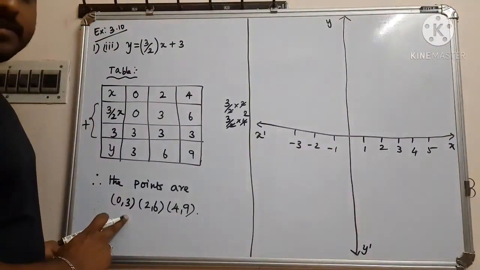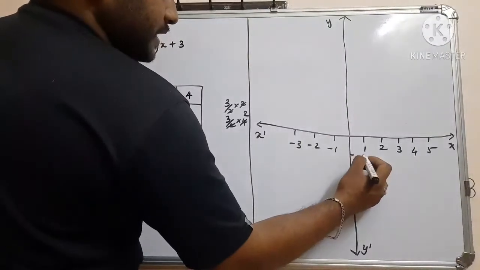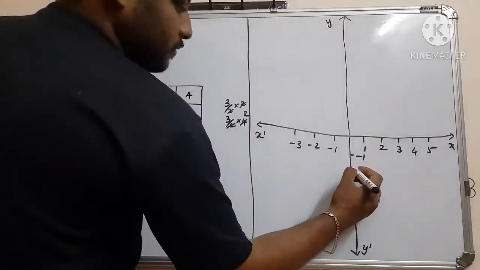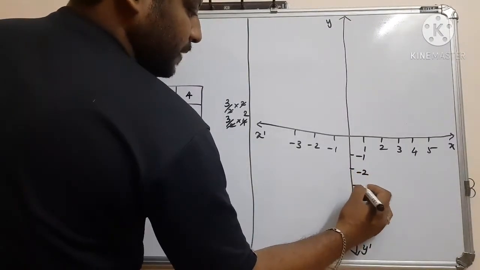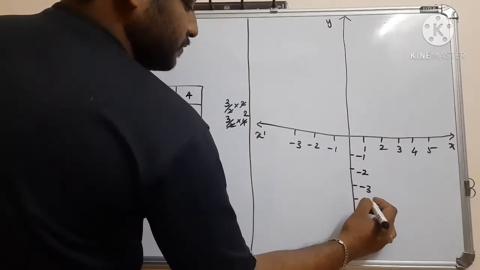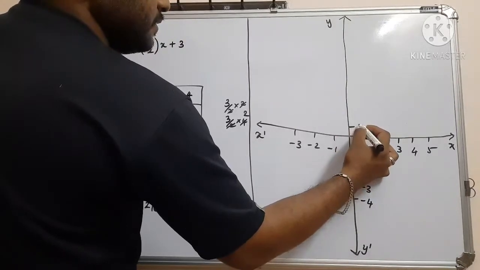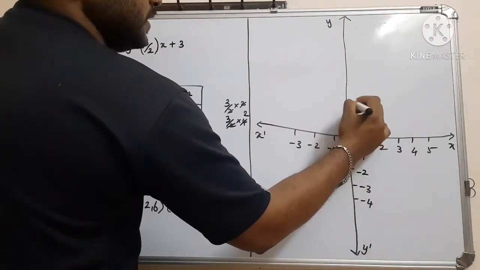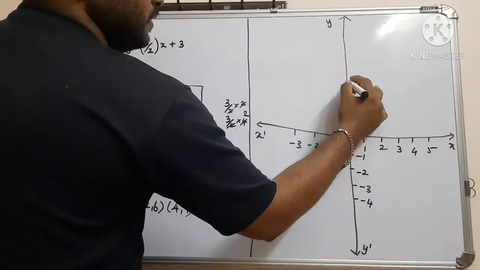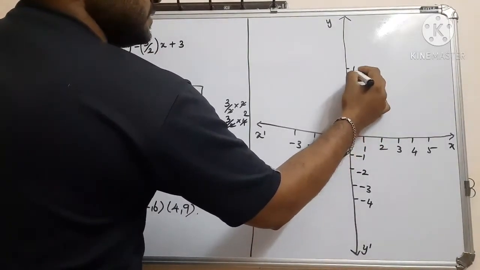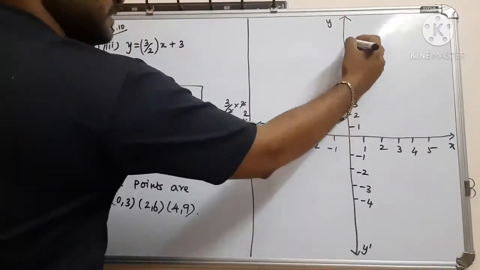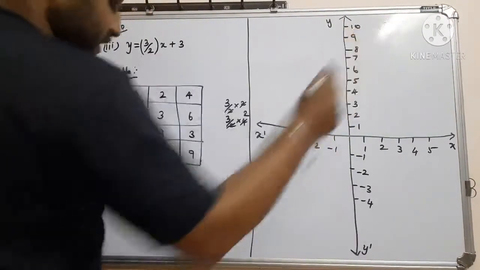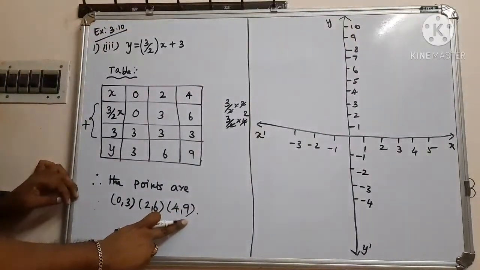Y value is minus 1, minus 2, minus 3, minus 4. Plus value 1, 2, 3, 4, 5, 6, 7, 8, 9, 10, because the highest value is 9.